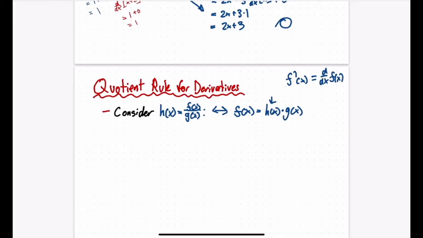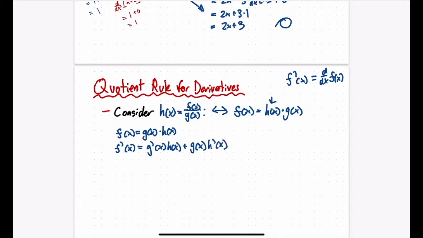Okay. So we're going to apply the knowledge that we have. So if f of x equals g of x times h of x, which it does, then we know, based off of the rule that we proved earlier, that the derivative of f of x is equal to the derivative of the first times the second plus the first times the derivative of the second.